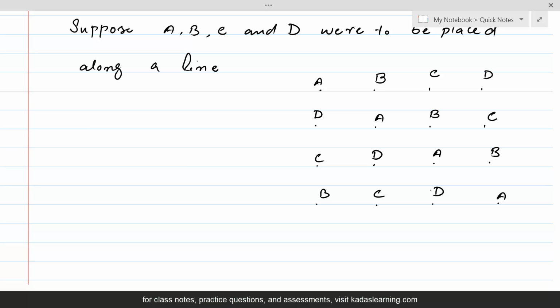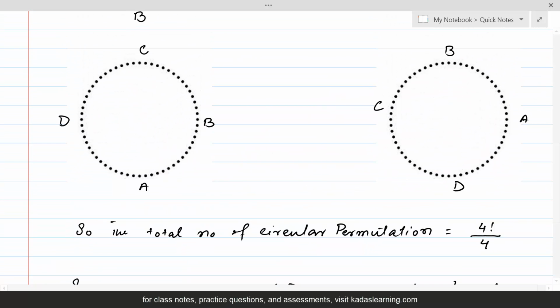It's not the same arrangement because the relative position has changed in case of linear permutation. But in case of circular permutation, by moving by one space, it gives the arrangement which are necessarily same because the relative position does not change.